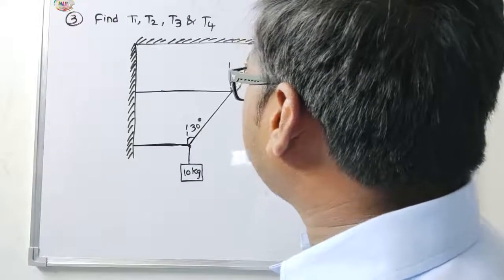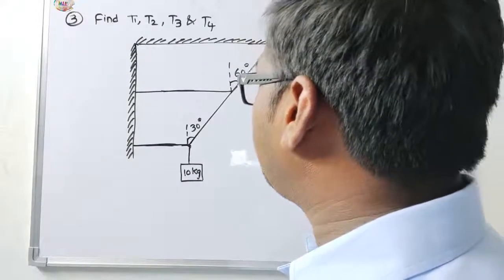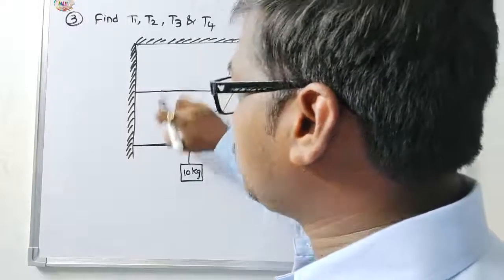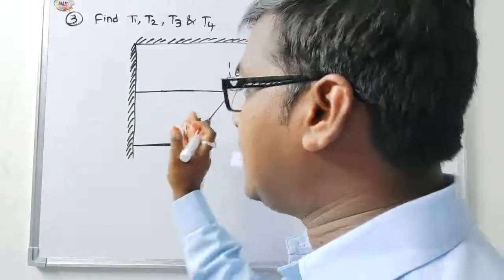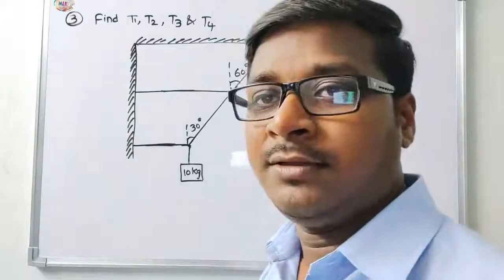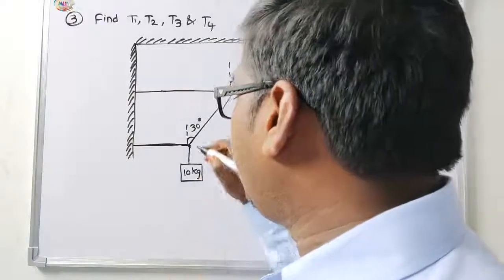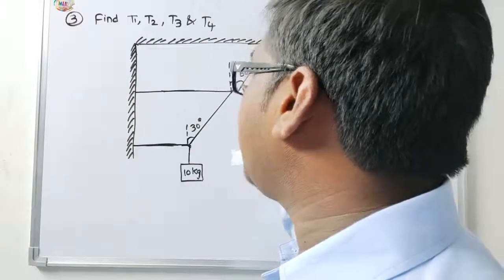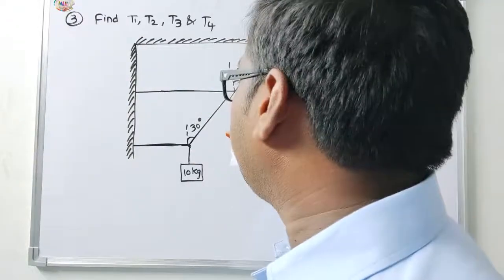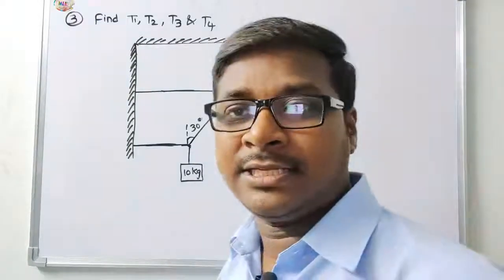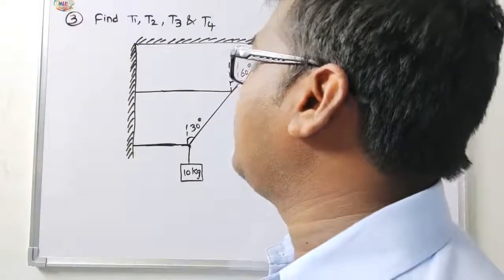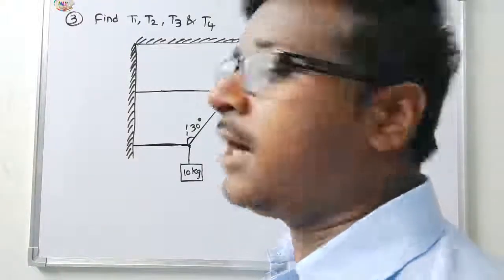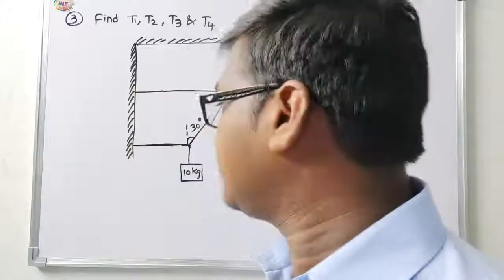This single string is attached to a ceiling, and these two strings are fixed to a wall. The first string is making an angle of 30 degrees, and the second string is making an angle of 60 degrees. Then find out the T1, T2, T3 and T4 values.